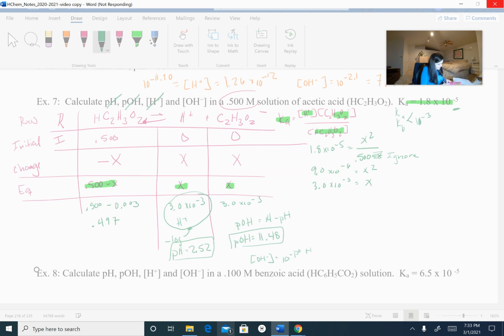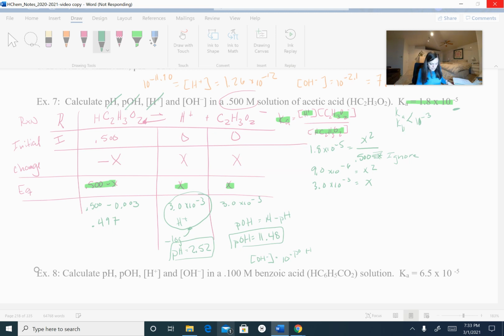But if I do the dissociation constant of water, it gives me 3.33 times 10 to the negative 12. Okay, so let's see. I have two sig figs, so 3.3 times 10 to the negative 12.